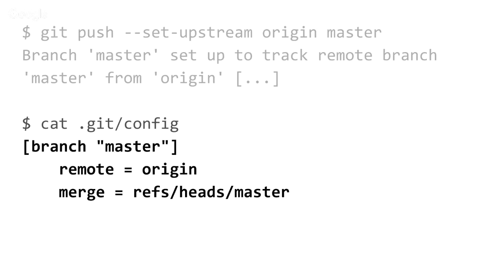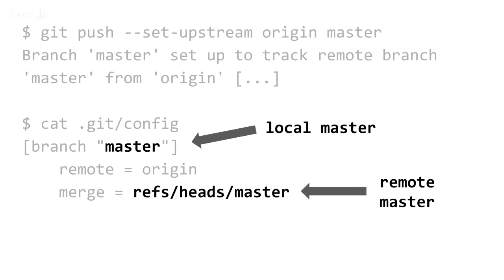The information that we have here is that our local master branch is linked to the remote that is called origin, and the remote branch that it is linked to is also called master. Here the header is the name of the local branch, and the other information is for the remote master.